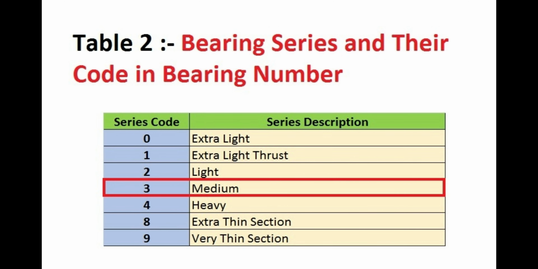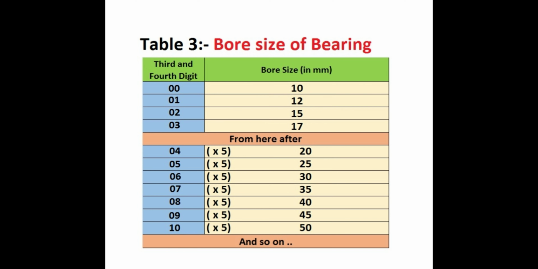Let's see the bore size of the bearing. The third and fourth digits of the bearing pattern number indicate the bore size of the bearing. It is the inner diameter of the bearing and is measured in millimeters. In general, the bore size is equal to 5 times the third and fourth digits in the pattern number. However, from 00 to 03, this formula does not apply.